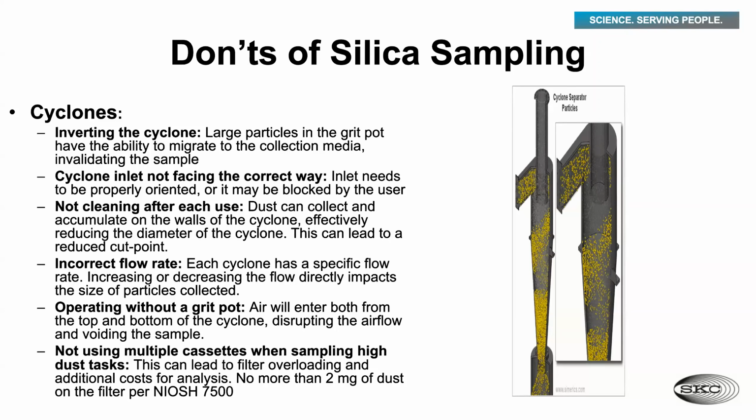As soon as we start adding more than 2 milligrams, the validity of those results start going down, and additional costs start to be involved. So if you know that you have a very dusty task, if you know that there's going to be a high dust exposure, be there to change out that filter cassette multiple times throughout the shift.